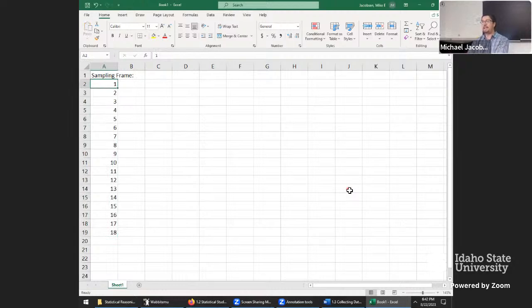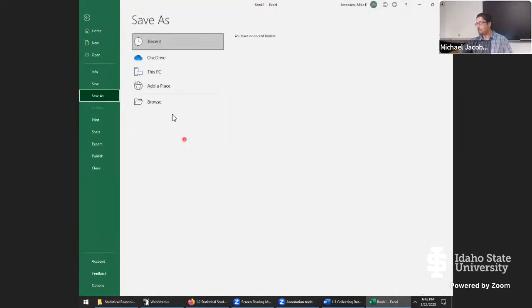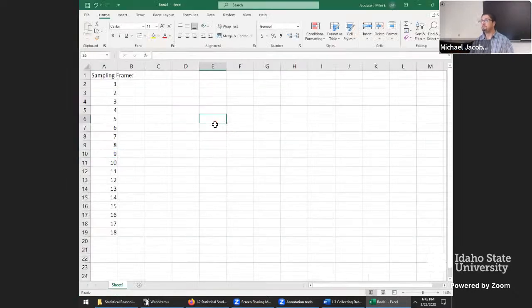Who it represents is not as important, but I was going left to right, top to bottom. All I'm doing here is making sure that these digits stay put. So we've got it, folks. That's our sampling frame. If you were doing a random sample from Idaho residents or anything like that, you would have to do the same kind of work.